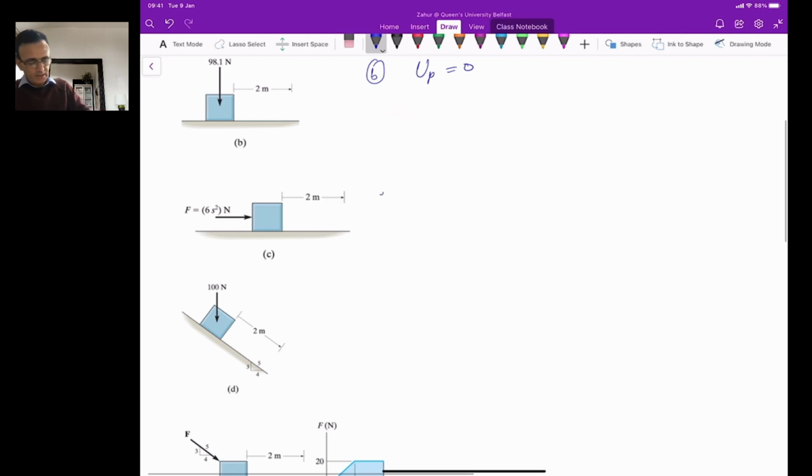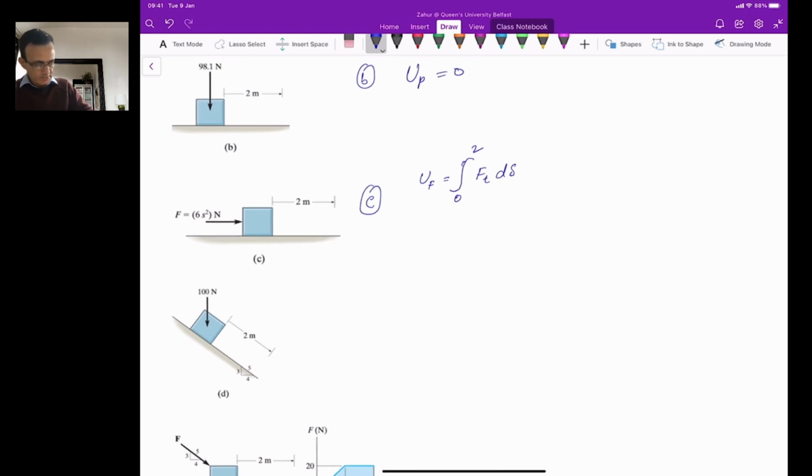Now in case C, because the force is variable, we will have to do the proper integration here, and we will have to go back to the initial definition of the work, which is U of this force equal to the integral from 0 to 2, since the distance here is from 0 to 2, of Ft ds.